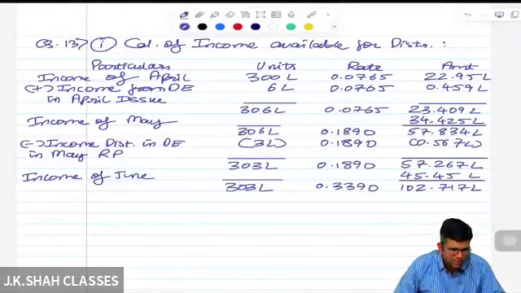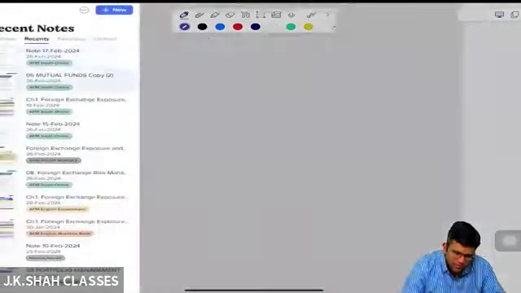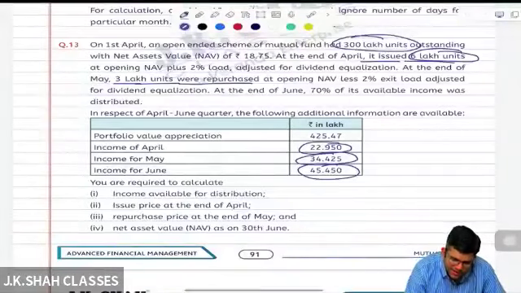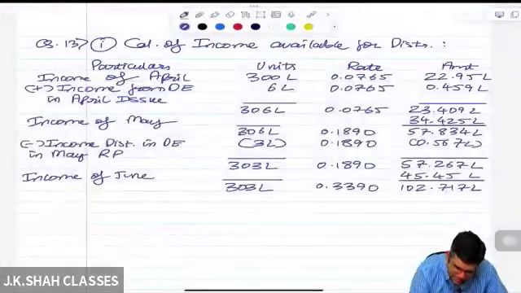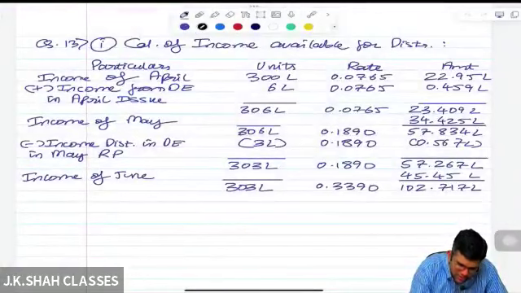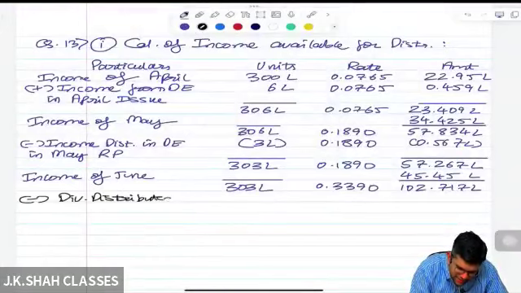Are you listening now? And then what they are saying, that at the end of June, whatever income was there, 70% we distributed. So now actually this was not asked, but the institute has done it. Less dividend distributed.